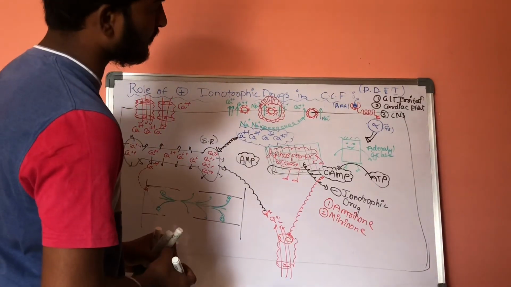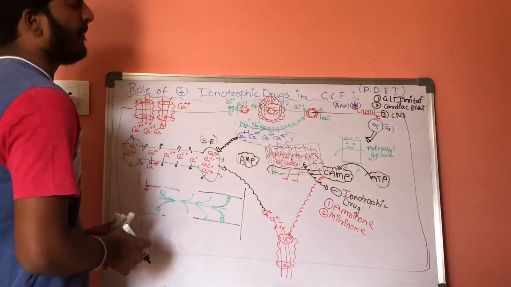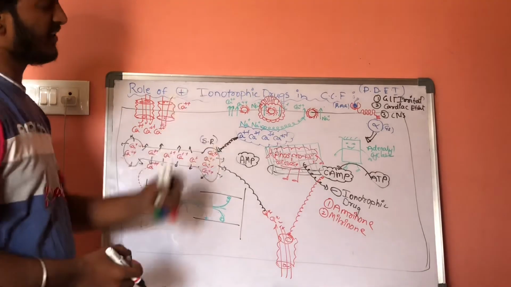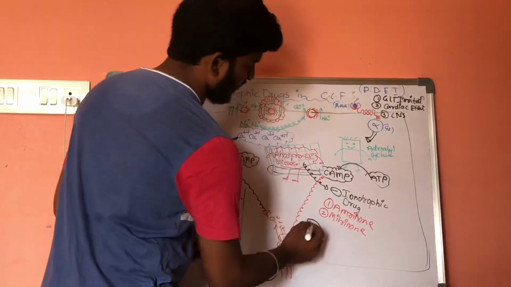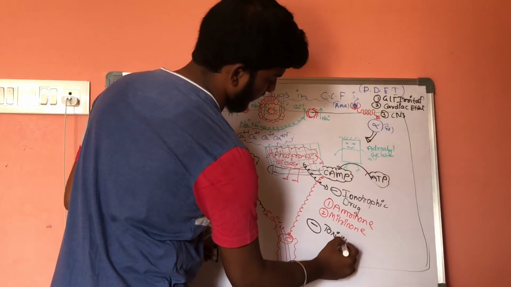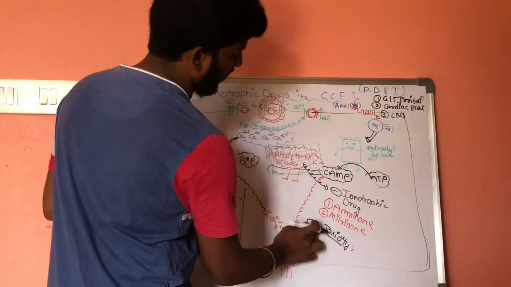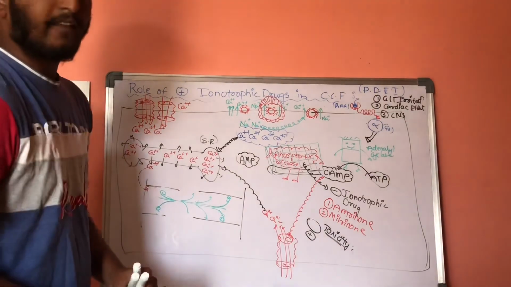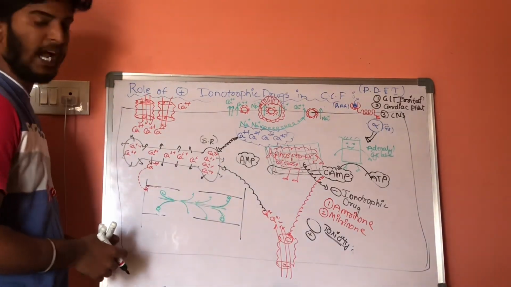And if there is toxicity of digitalis, how does the toxicity occur? First condition for toxicity is hypokalemia.